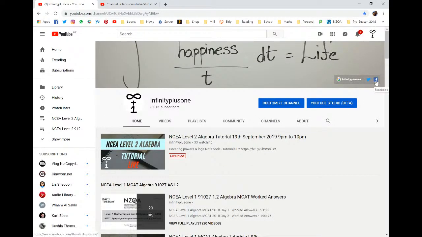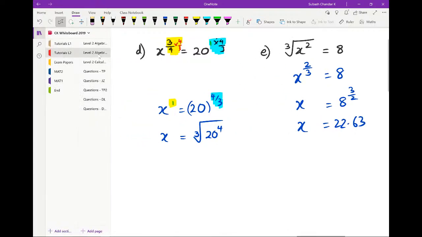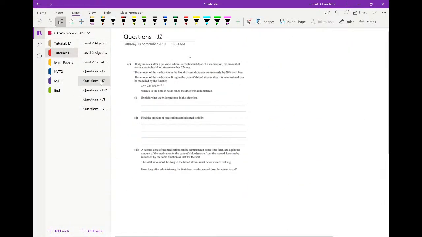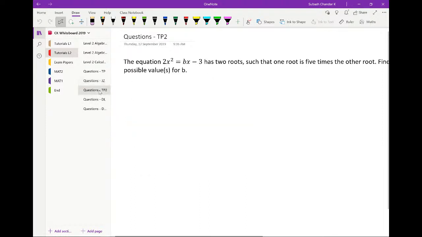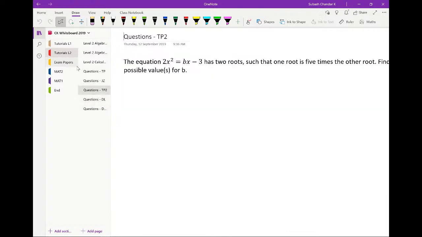If you click on that Facebook link, you should get to my Facebook page, and then you can drop a question, and when I get some time, I'll do it. At the moment these are the level 2 kids' questions that I haven't done yet, so I'll show you an example. This is how people send me questions. They just take screenshots of questions that they want me to do, and they just send it. So something like this.